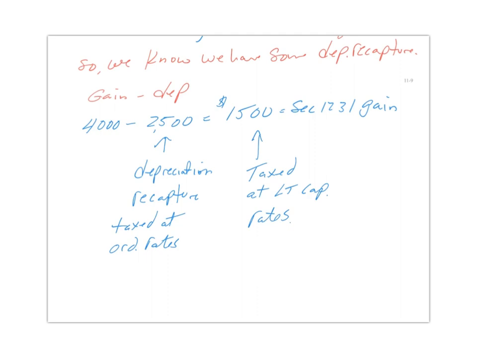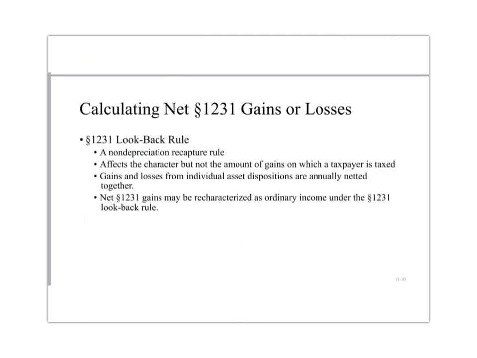All right, so there is one last wrinkle. The last wrinkle is called the Section 1231 look-back rule. What this means is you have to look back 5 years and see if you were able to deduct 1231 losses as ordinary losses.